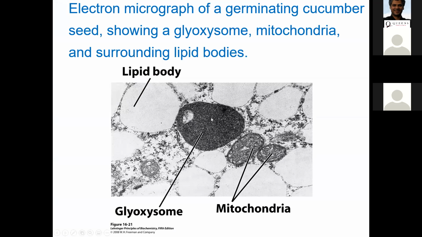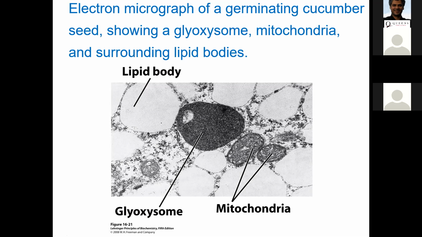If you look at the cells of this seed, and I believe they're using electron micrograph, what you'll notice in the cell is that there is glyoxysome. You can stain the glyoxysome with antibodies of certain proteins that are only found in glyoxysome, so you can nicely visualize it.